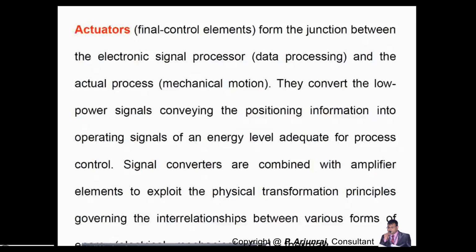That is an output coming in the form of a physical quantity. This is how the actuator performs: it converts a signal of electrical or electronics into a physical or a chemical quantity.